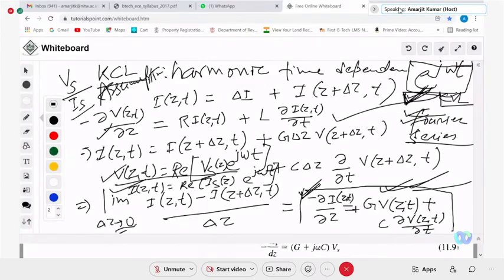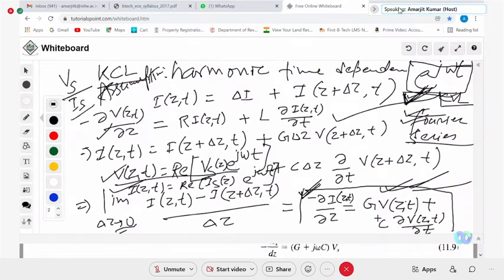And similarly here, what will happen? Minus dI_s by dz will be equal to G into V_s, the phasor voltage, plus del by del t, so j omega C V_s. So G plus j omega C into V_s is equal to minus dI_s by dz.